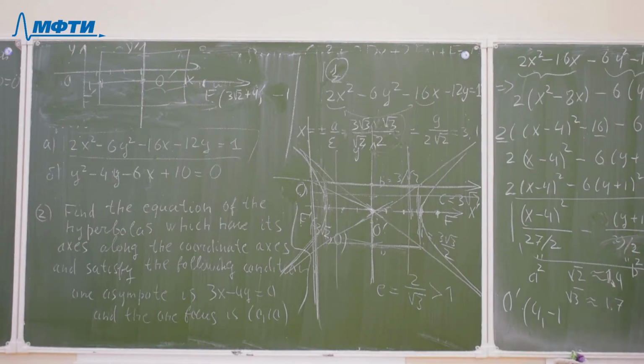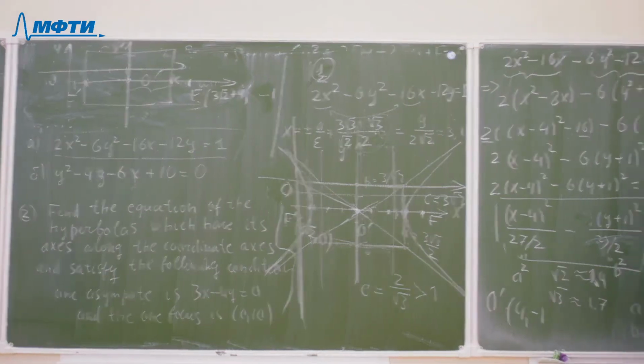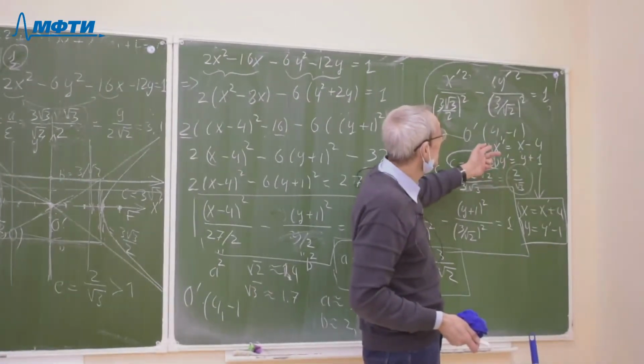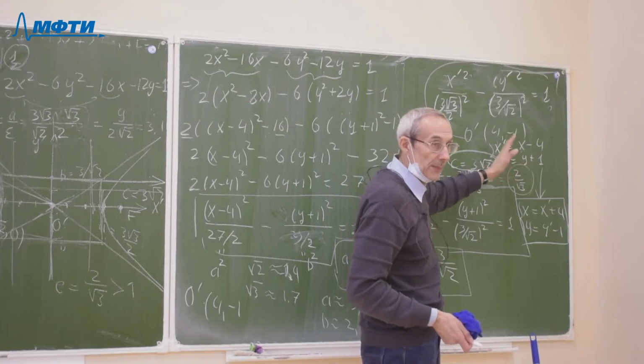I obtain that x is equal to x prime plus 4, y is equal to y prime minus 1. This equation relates the old coordinates and the new coordinates. It expresses the old coordinates in terms of the new coordinates, and the new coordinates in terms of the old.